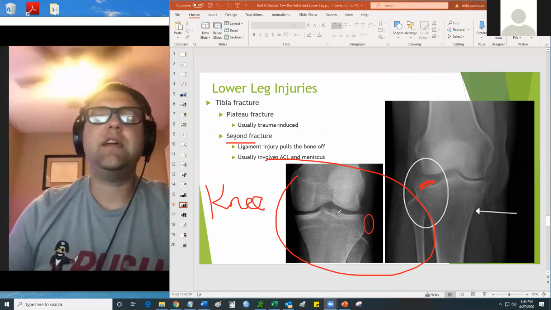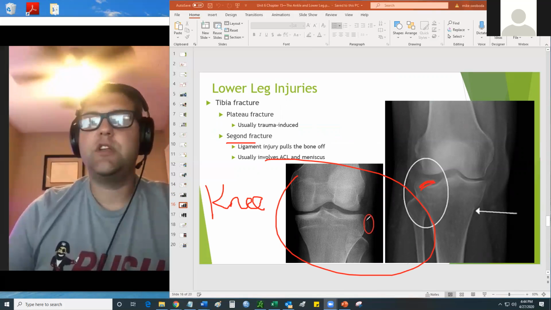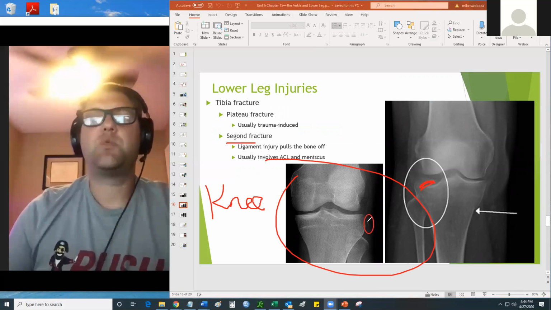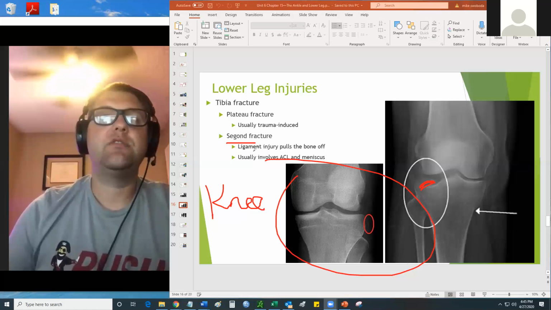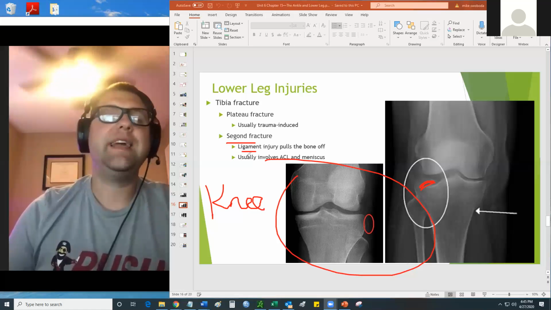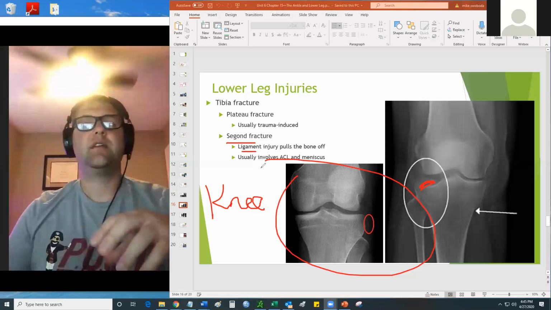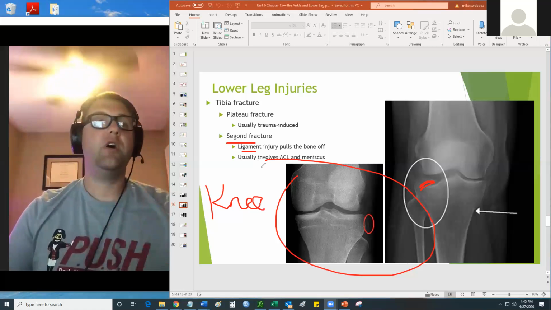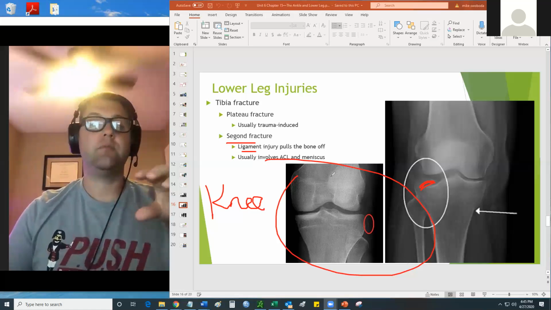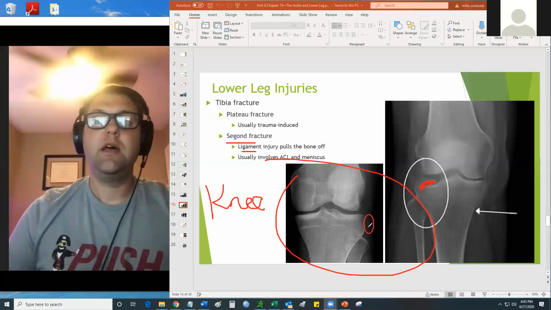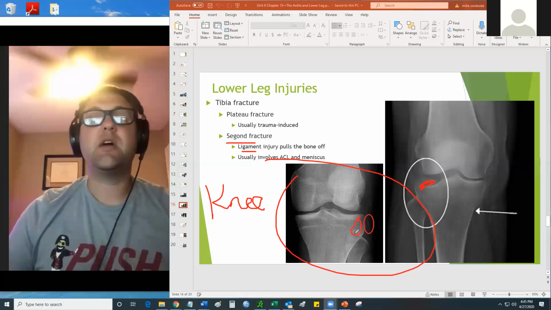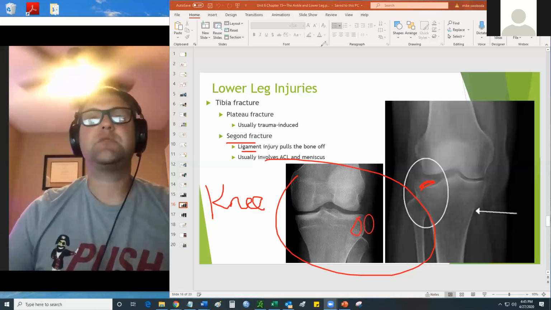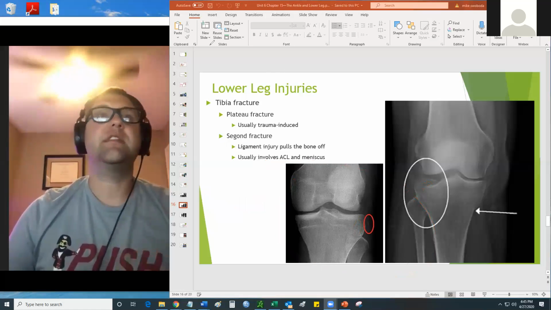A Segond fracture is where you get a fracture, and it doesn't have to be just with the knee or foot or ankle or anything, but it's wherever you get a fracture secondary to a ligament getting pulled off of the bone while still holding on to the bone. So with this, the ligament usually stays intact, but it takes off a chunk of bone with it. So that's where you would see this Segond fracture.